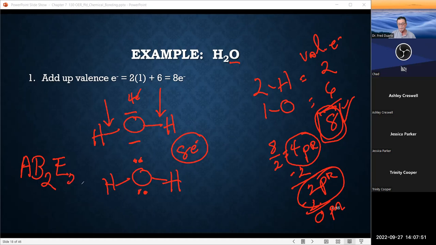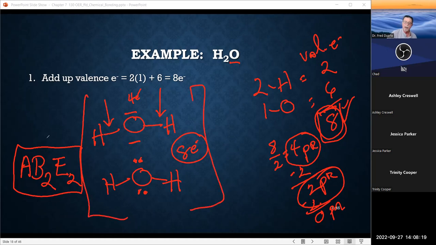And that has a subscript of 2. So this is the general formula for water, AB2E2. We determine this from the valence electrons. We're given the formula and we determine the valence electrons, so then we can write the structure, determine what the structure is. Okay, which we just did right here, this part right here.